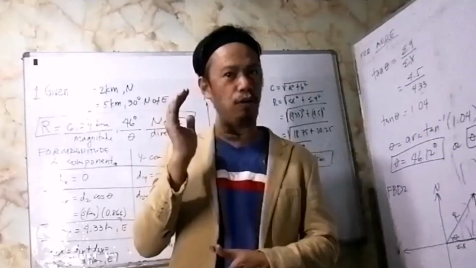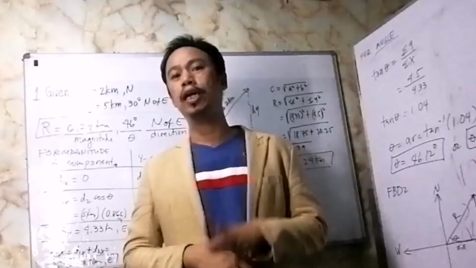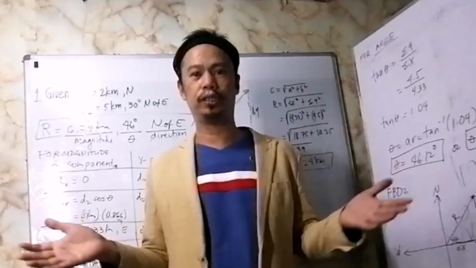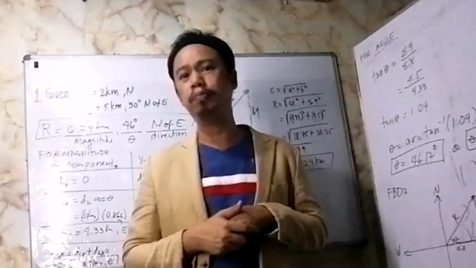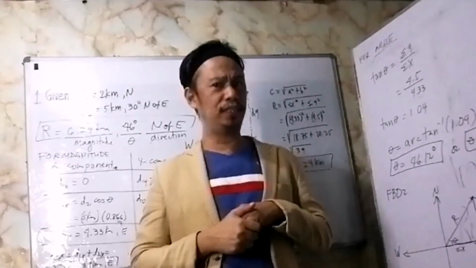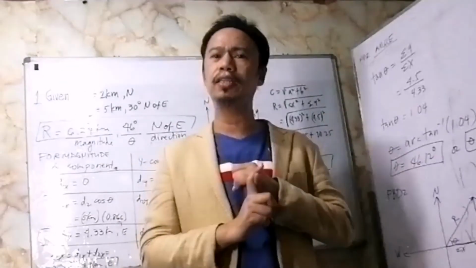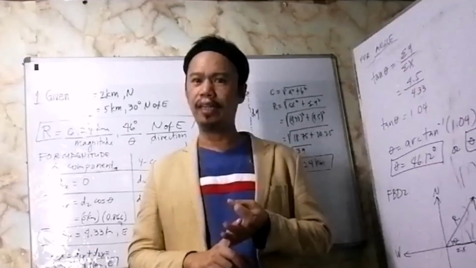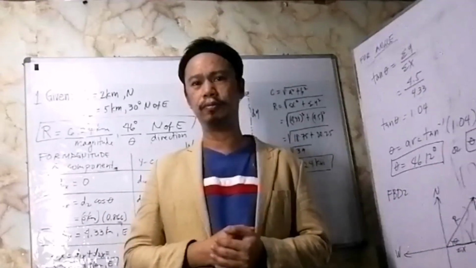North and south, we subtract. That's rule number 2. In rule number 3, we cannot simply add the two vectors, but we can use three different methods. What are these three methods again? So we have the component method, polygon method, and the graphical method. At this time, I just present to you the component method.